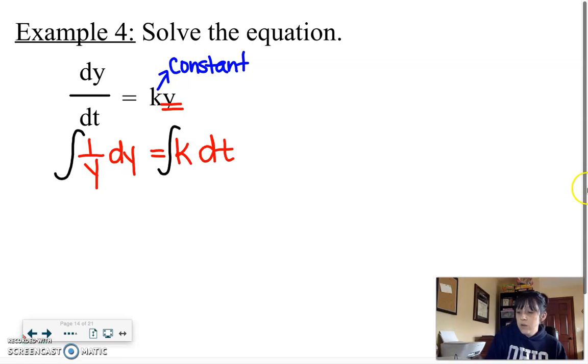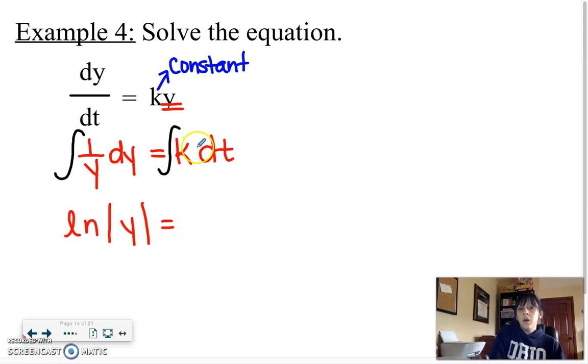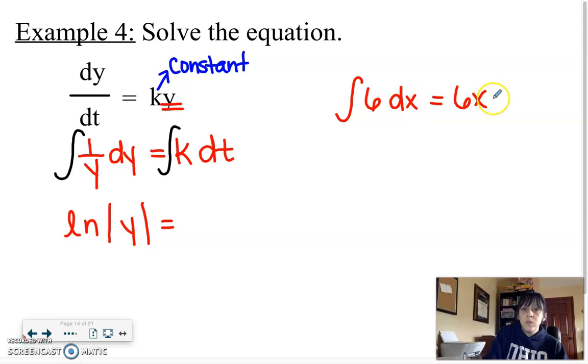Okay, the antiderivative of 1 over y is ln, and we need that absolute value there again. All right, challenge question. What's the antiderivative of k? To answer this, I'm going to ask you, what would be the antiderivative of 6 dx? That would be 6x, right? Antiderivative of 6 would be 6x.